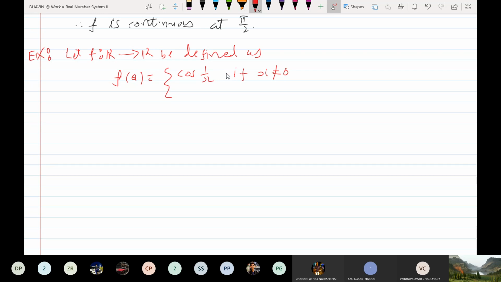What should I take as the value? Let's say let me take 1. Discuss the continuity and types of discontinuity.